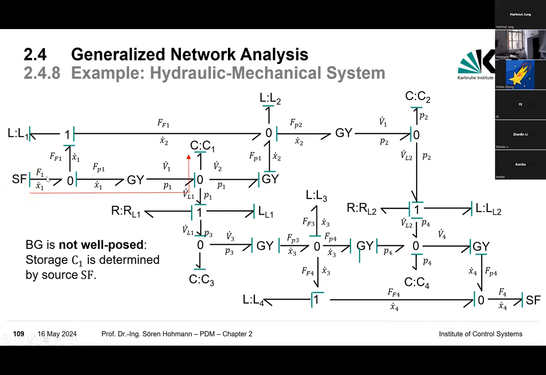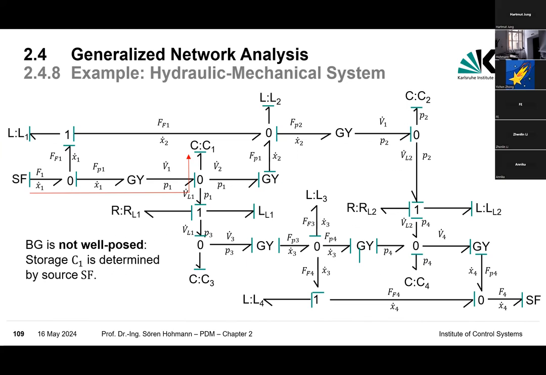Why? And this is interesting because the so-called causal paths somehow show whether you have a modeling problem. In this particular case, for example, the source of flow, which is representing your pedal or your force, which is pushing against this piston, is directly determining the capacitance values. So it's not necessary to model this. And we saw that, okay, it's overly simplified in our case. And then I said, yes, perfect.